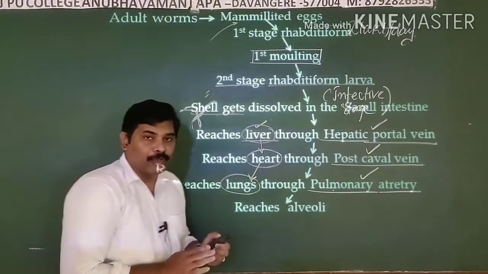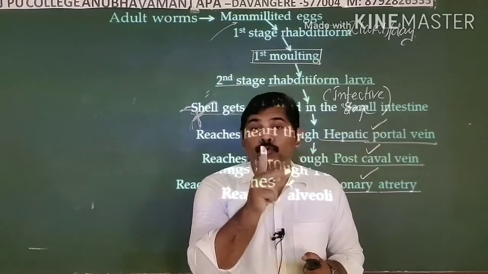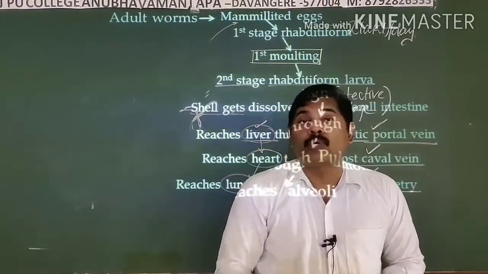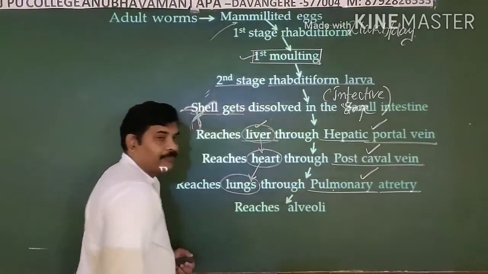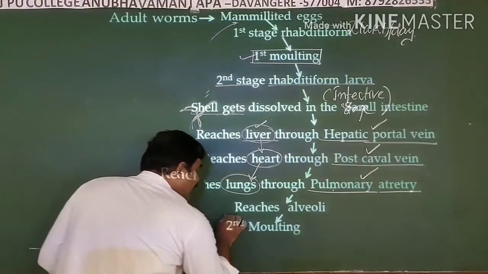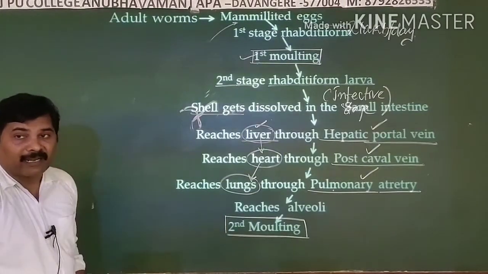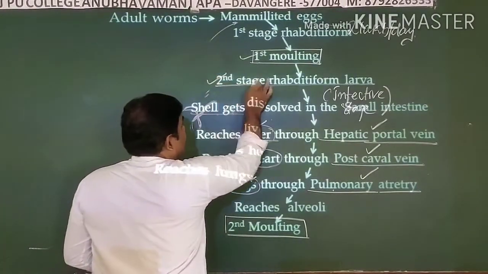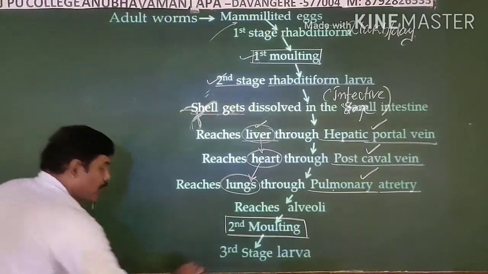Now within this alveolus, this larval stage undergoes molting two times. Already the first molting has taken place in the soil. Then the second molting takes place in the alveolus. As a result of the second molting, the second stage rhabditiform larva turns into a third stage larva.